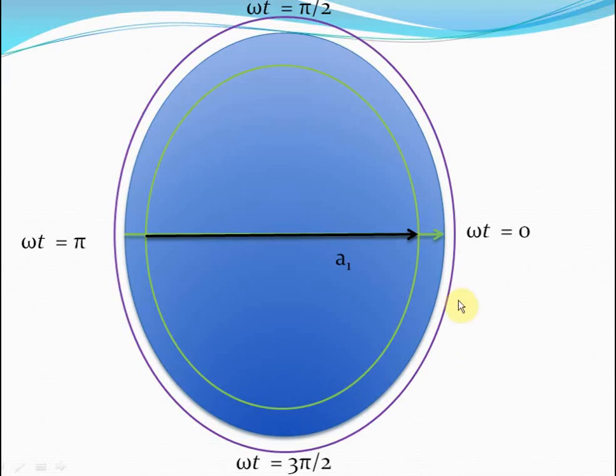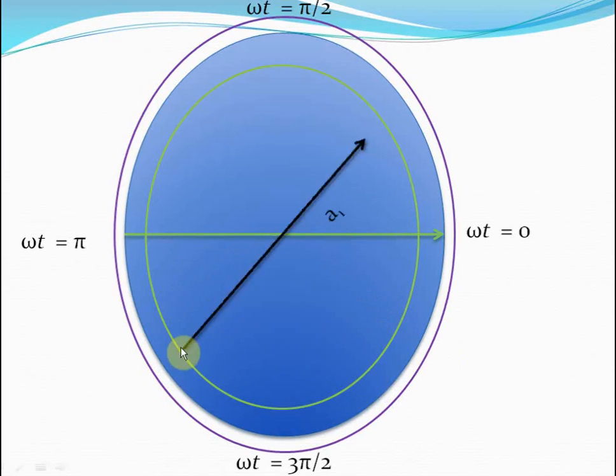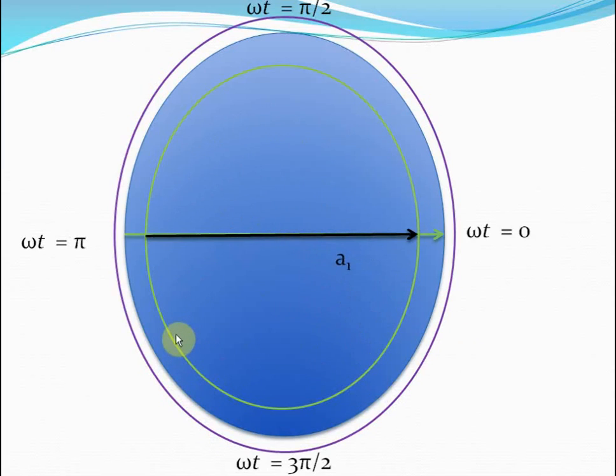So this vector and its motion represent a simple harmonic motion. We can use this vector to represent the simple harmonic motion of any particle on the first wave. Similarly, we can use the vector A2 to represent the simple harmonic motion of any particle on the second wave.